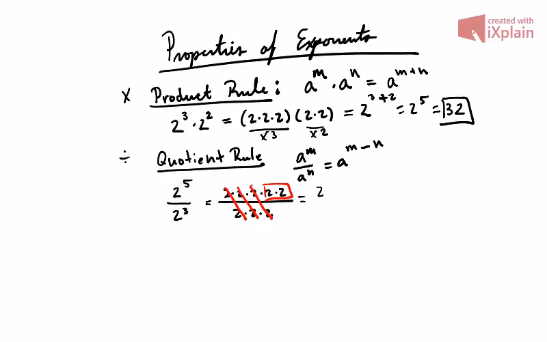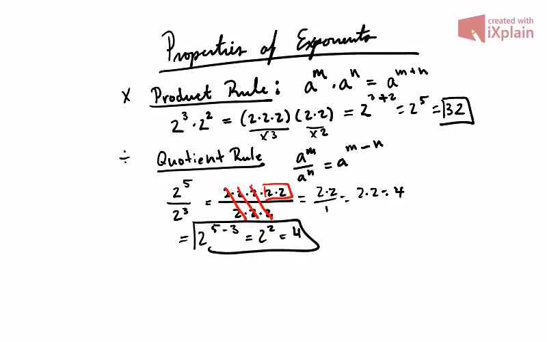So you get 2 times 2 over 1, which is 4. Now, another way to apply this method would be, hey, this is the same thing as 2 to the 5th power minus 3 equals 2 squared, which equals 4. Wow. That's a lot less work than showing all of the steps, but this is the quotient rule.